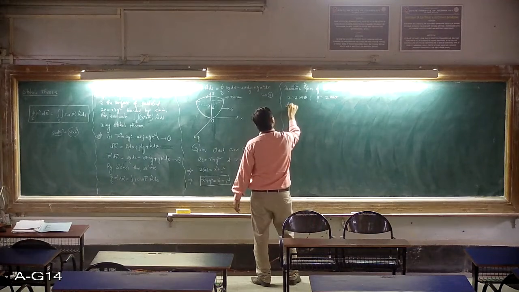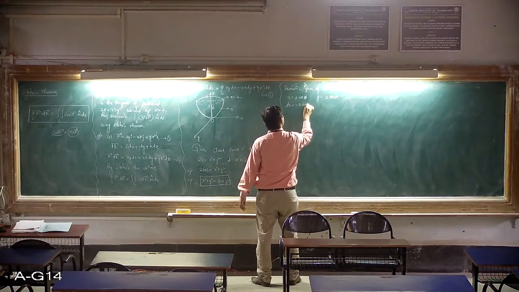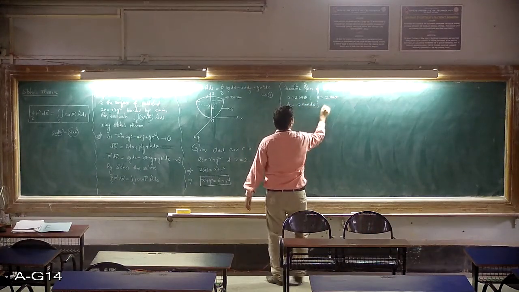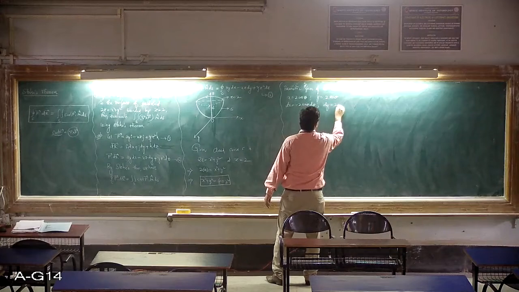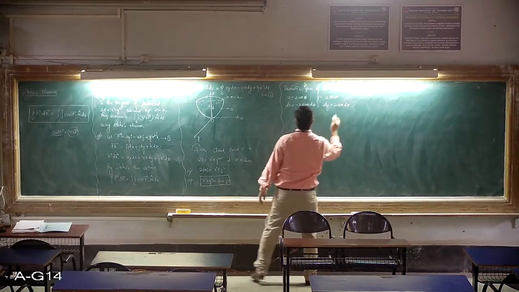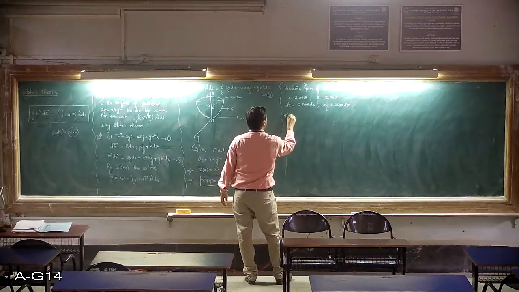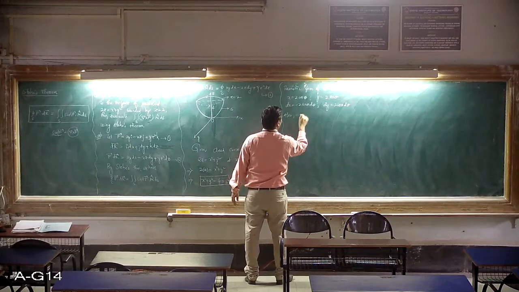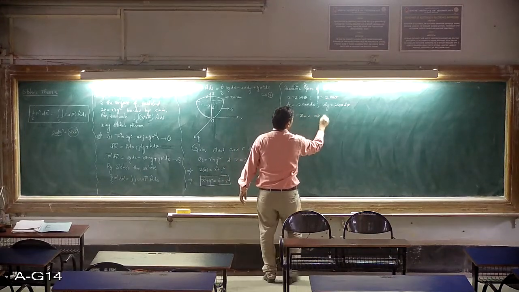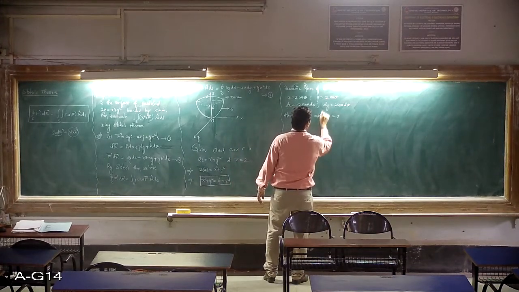Therefore, what is dx? Minus 2 sin theta d theta, and what is dy? This is 2 cos theta d theta. Also z is equal to how much? That is 2, which implies that dz is equal to 0, right?